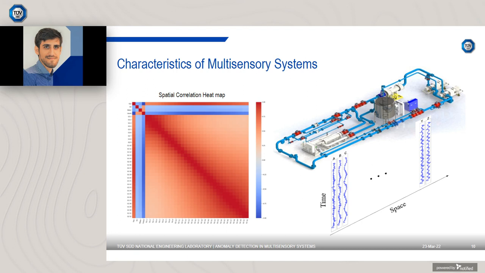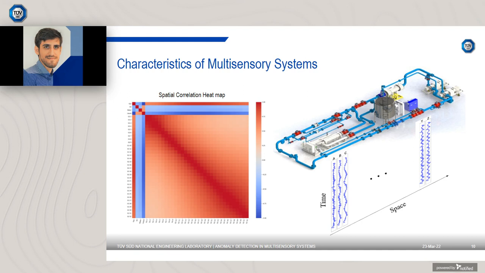Those adjacent sensors at the far end are more likely to have similar characteristics compared to the sensors at the other end of the facility. This is applicable to any type of sensory system, like wireless sensor networks.